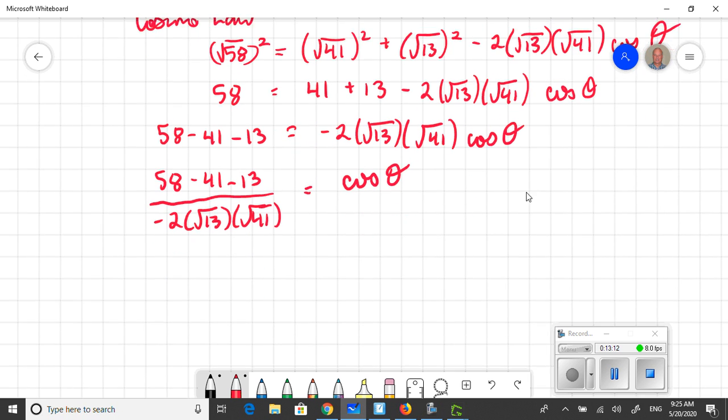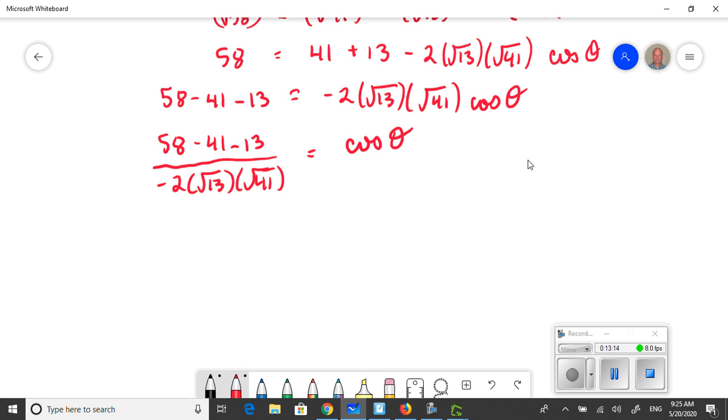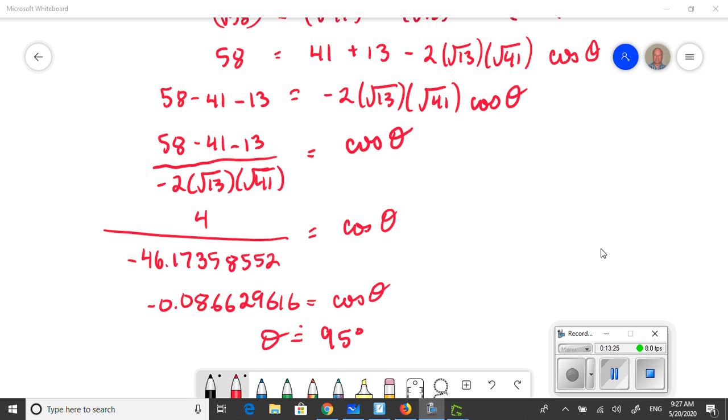Okay, when I go to my calculator, I get this ratio here. I'm just going to pause. Okay, so there's decimal approximations. I worked through that and got the following decimals in an inverse cosine division statement.